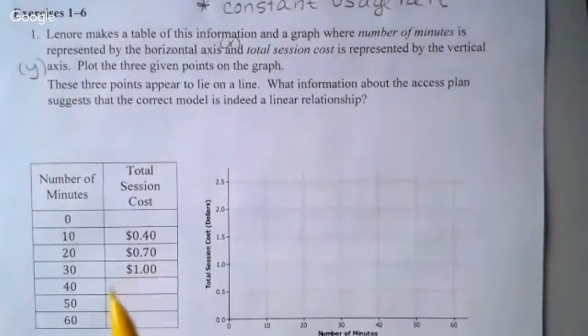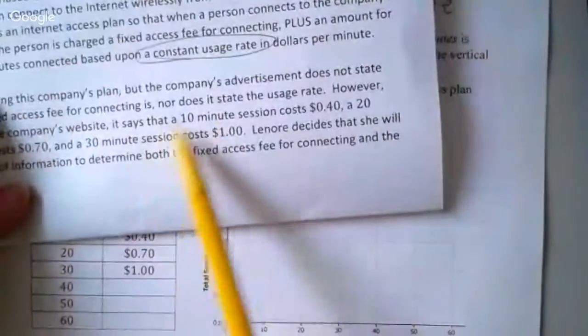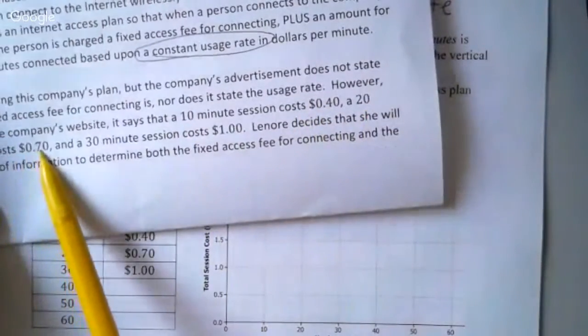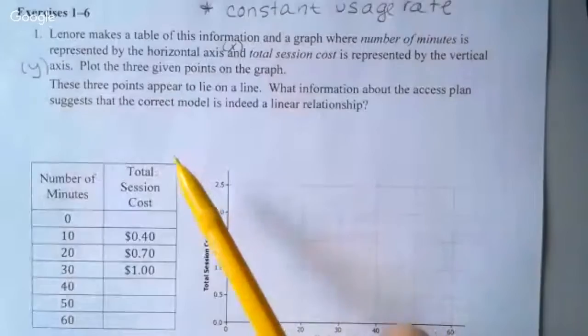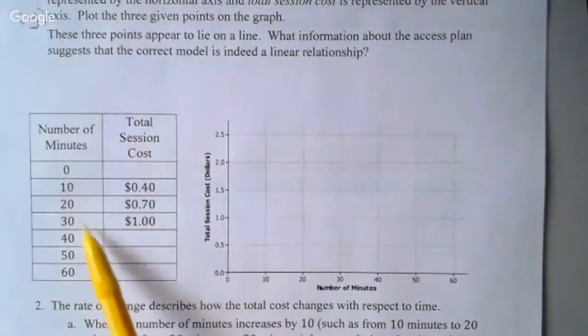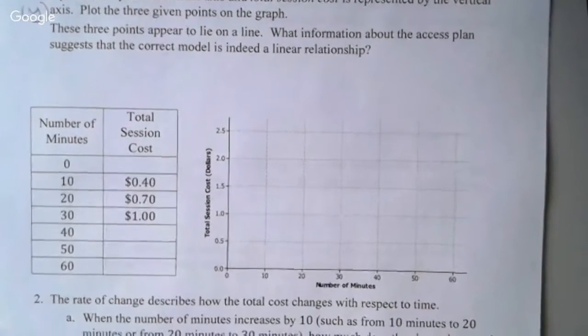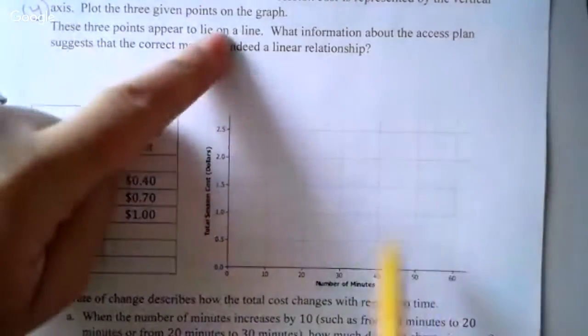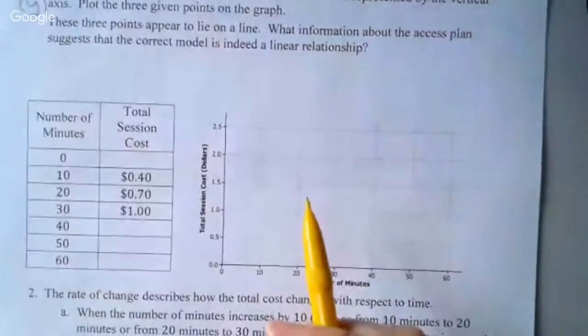So we've taken what we were given: 10 minutes costs 40 cents, 20 minutes cost 70 cents, 30 minutes cost $1. And that gave us basically 3 coordinates, which have already been filled into the table. So we are going to plot these 3 points on the graph.